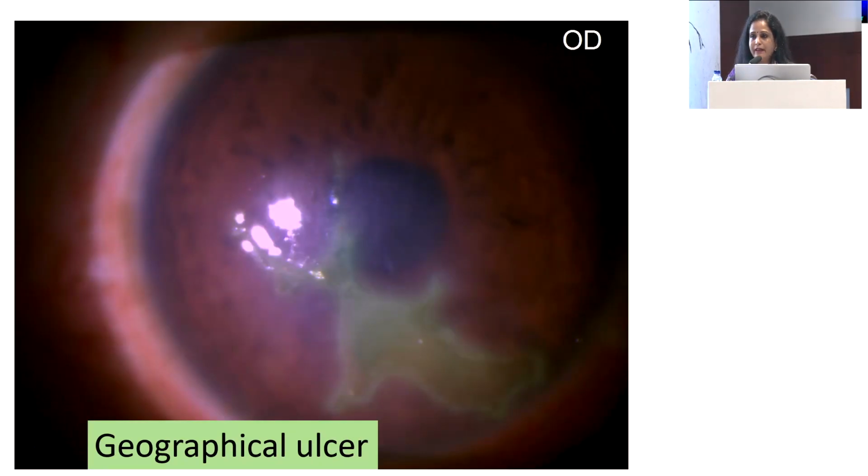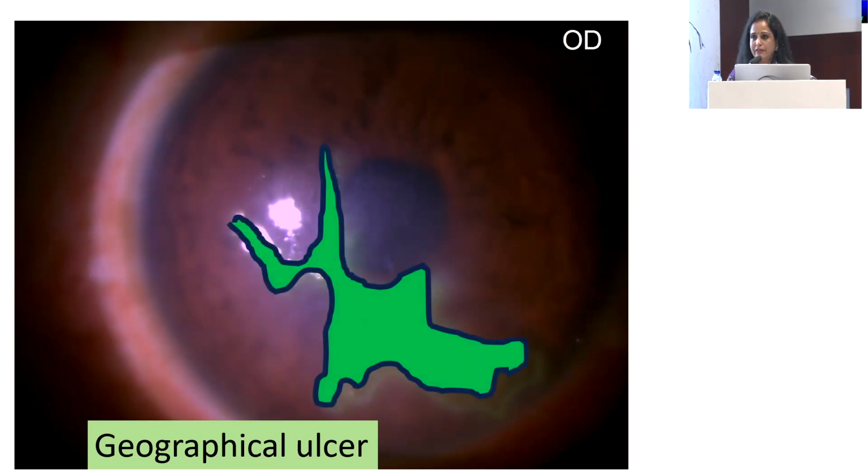Next, when the dendritic ulcer is again treated with topical steroids, or if the patient has immune suppression, it can develop into a geographical ulcer which has this geographic pattern with a scalloped edge, and also has the inflammatory border with active viral replication.